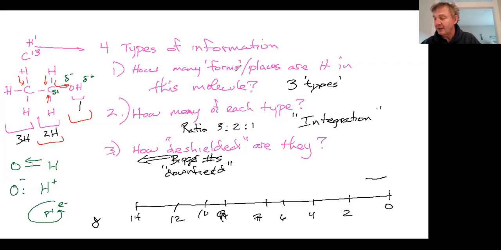So we have this integration of 1. The area under that curve would be 1 hydrogen. And then the next most deshielded has a ratio of 2. And then the least deshielded has a ratio of 3. You can see that the area under these curves is about 3 to 2 to 1.